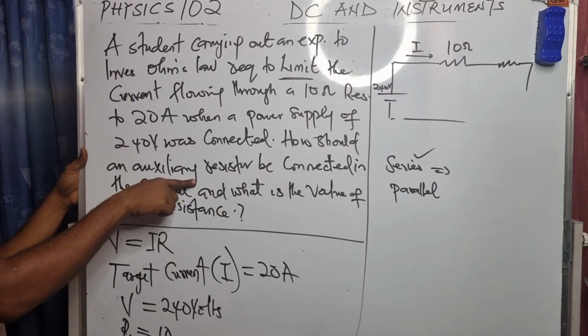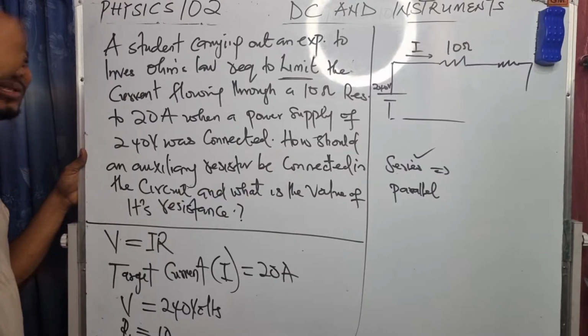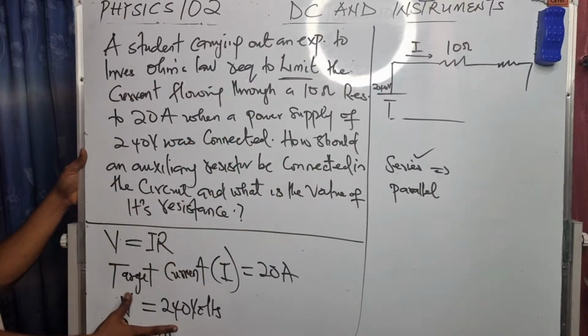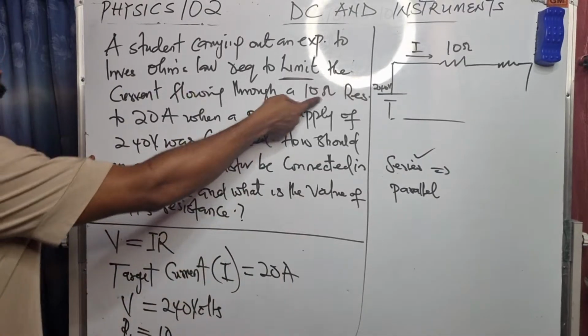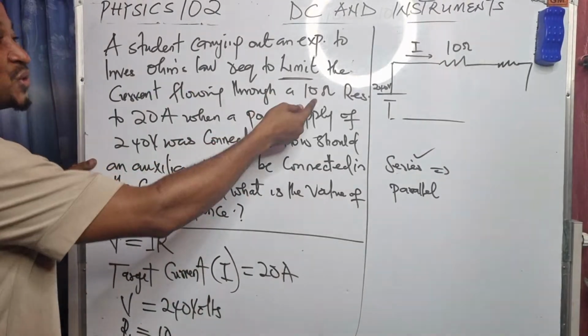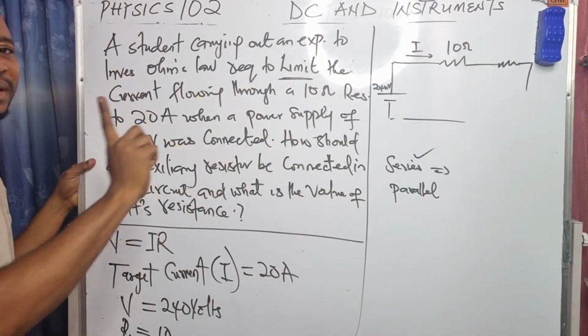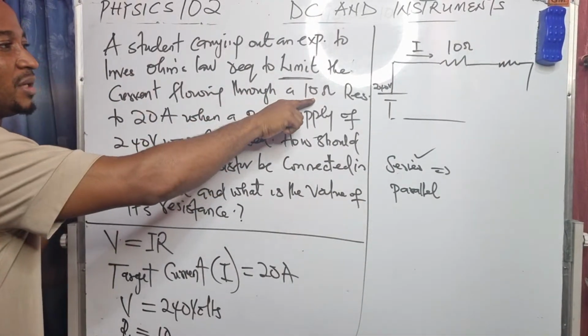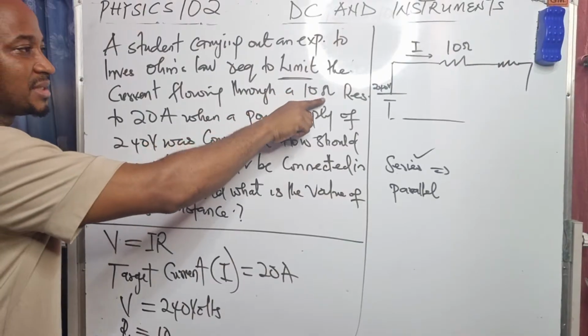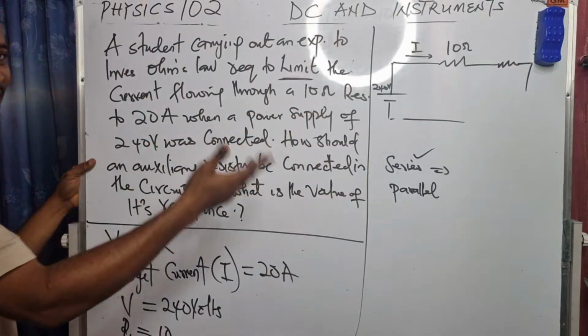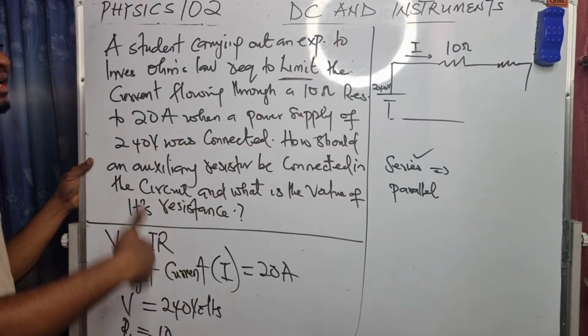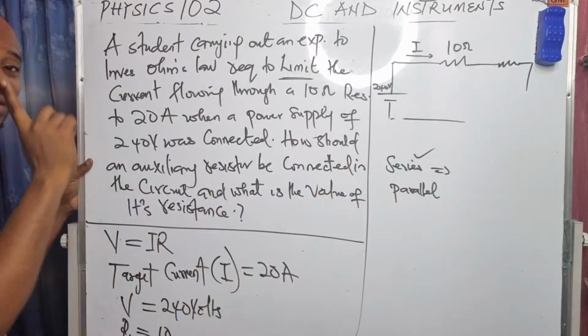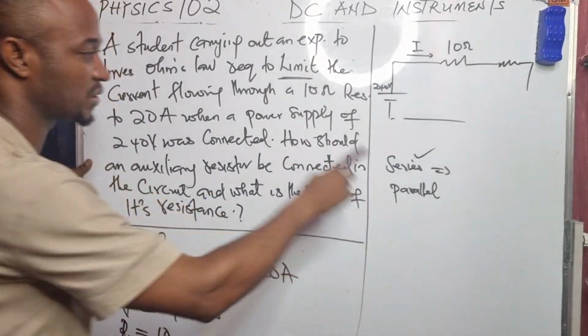An auxiliary resistor is an extra resistor we are adding to the circuit just to aid the original resistor. So by the time we connect this, are we going to connect the auxiliary in series or in parallel? What increases the resistance is series connection, not parallel connection.